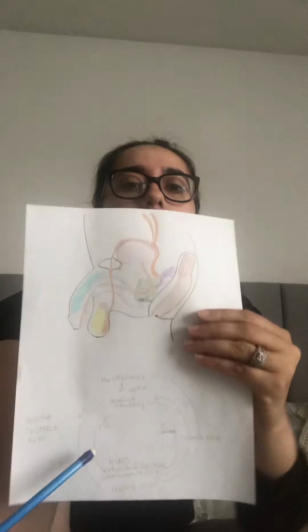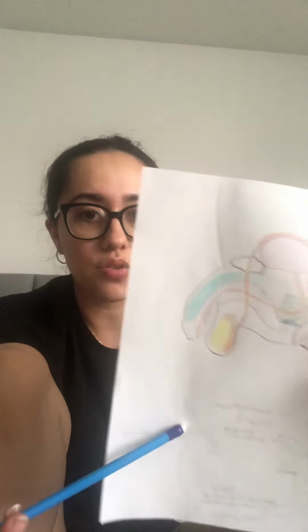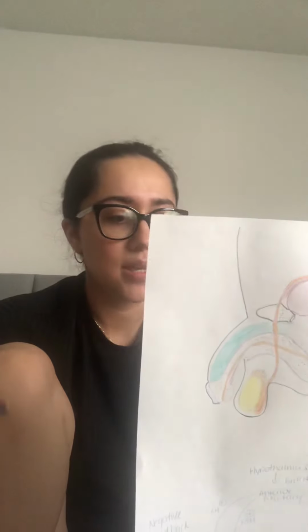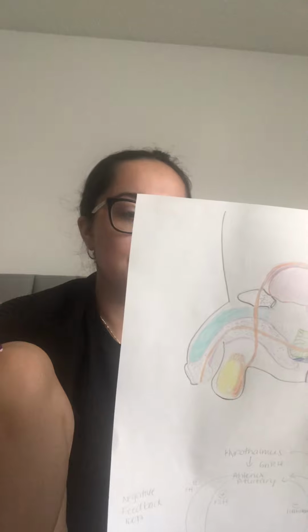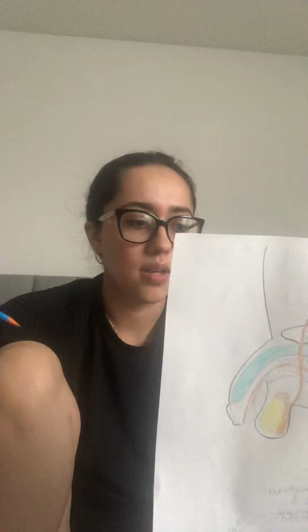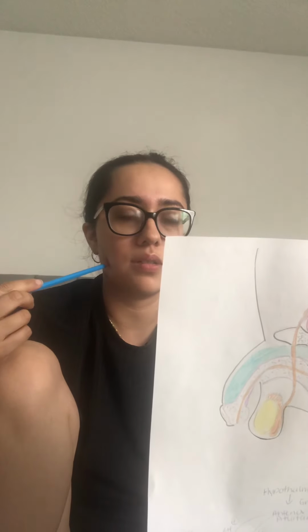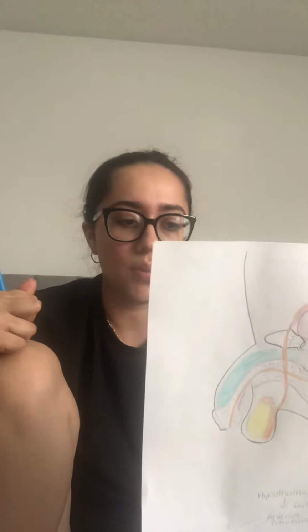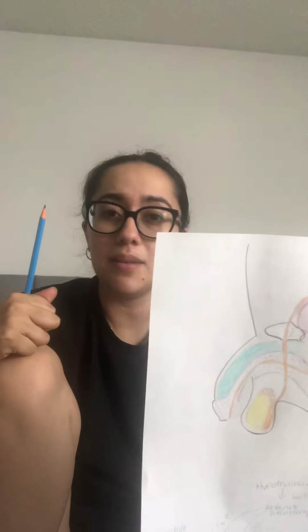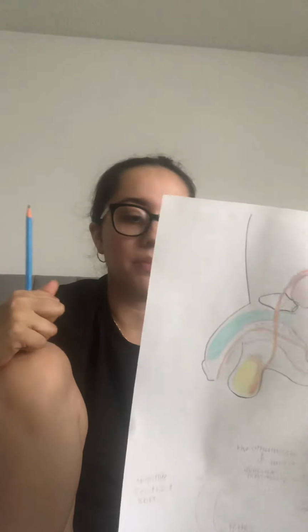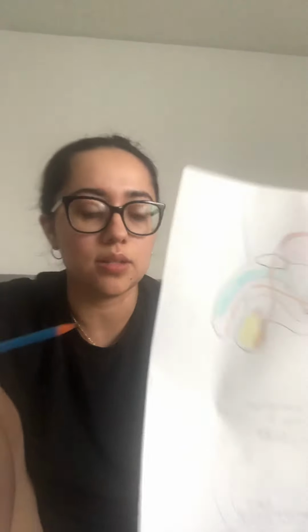That process has a negative feedback that occurs when rising levels of testosterone act on the hypothalamus and anterior pituitary to inhibit the release of the GnRH and FSH and the LH. The sustentacular cells produce a hormone called inhibin, which is released into the blood when the sperm count is too high.